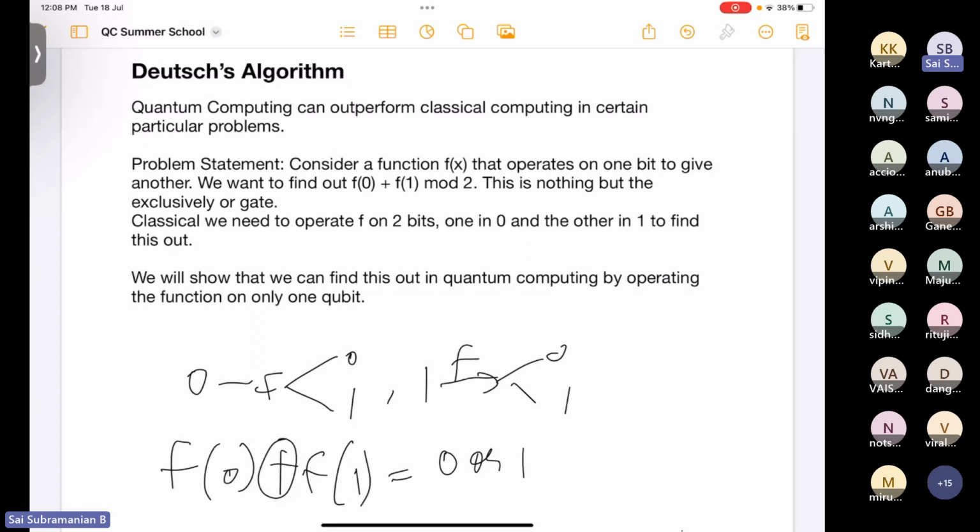And now we are going to look at something called Deutsch's algorithm. This is a particular computational task that a computer would be asked to do, and the same task can be done faster by a quantum computer. So let's look at the problem statement.